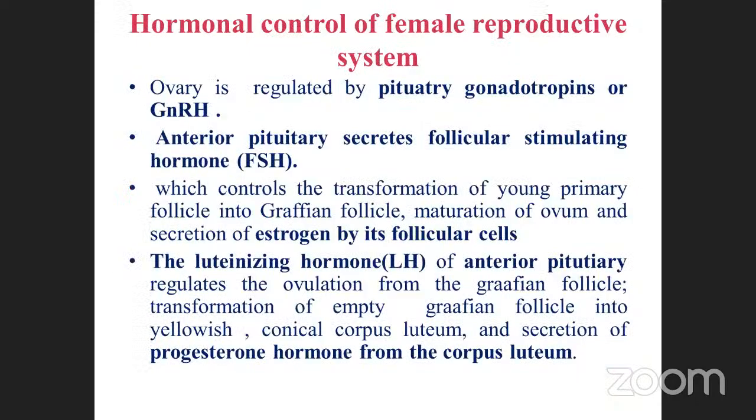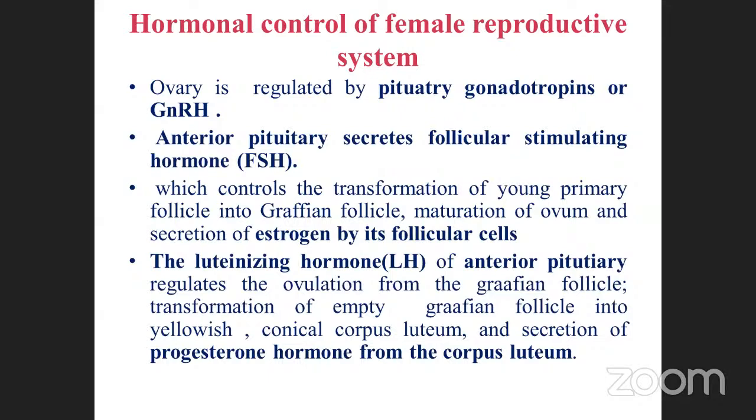Hormone control of the female reproductive system. The ovary is regulated by the pituitary gonadotropin or GnRH. Already we discussed: the anterior pituitary secretes follicle stimulating hormone, FSH, which controls the transformation of the young primary follicle into Graafian follicle, maturation of the ovum, and the secretion of estrogen by its follicular cells.